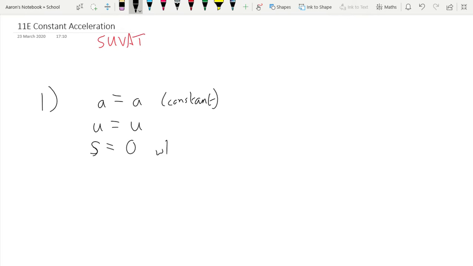So that's when t equals 0. And I'm told that I need to show, given this information, that s equals ut plus a half at squared. And I'm not allowed to just say I know the CVAT equations. I need to show it using calculus.